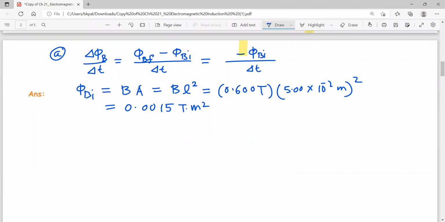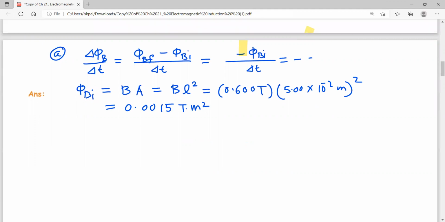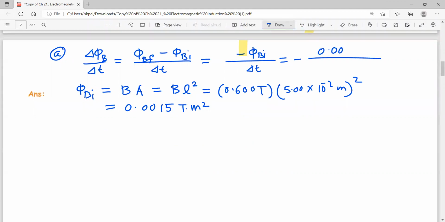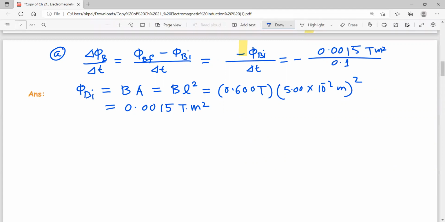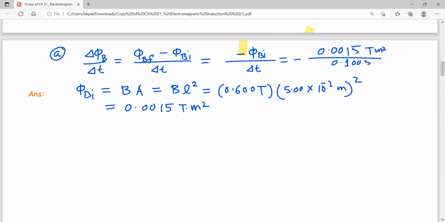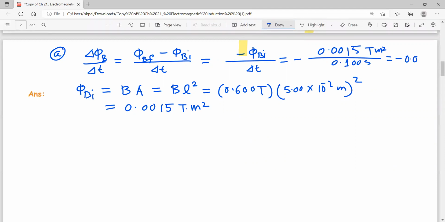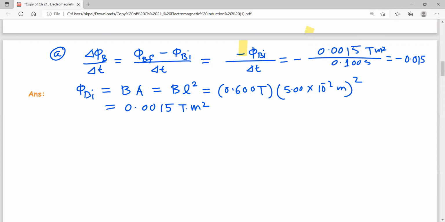If you plug this value into this equation, you get 0.0015 Tesla meter square, and then 0.100 second. It is basically negative 0.015, and it will be in volt. So the rate of change of the magnetic flux in this case is this one.